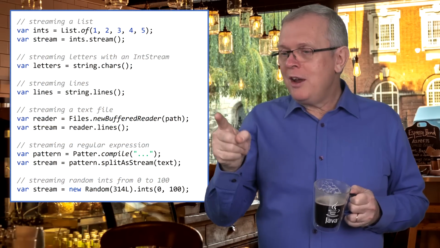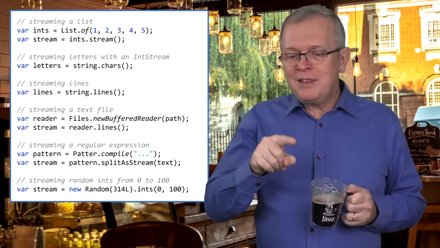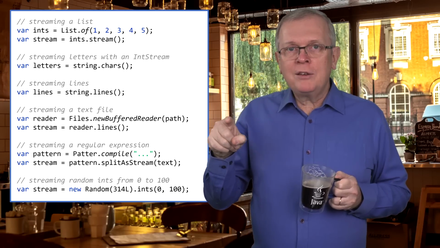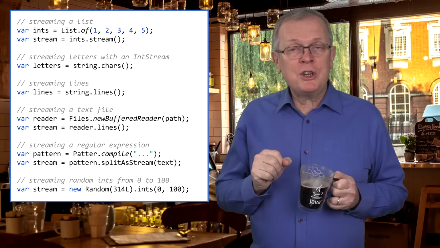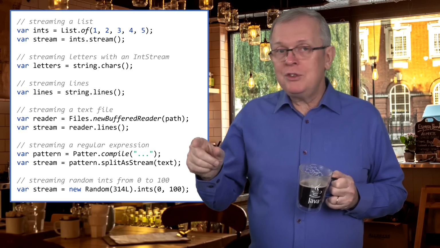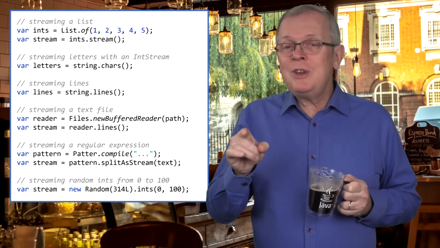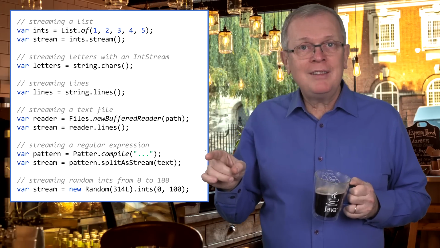You can stream many things: the lines of a text file, the letters of a string of characters, the elements of a string of characters split by a regular expression, or the elements of a directory tree. Even a random numbers generator can stream the elements it generates directly.